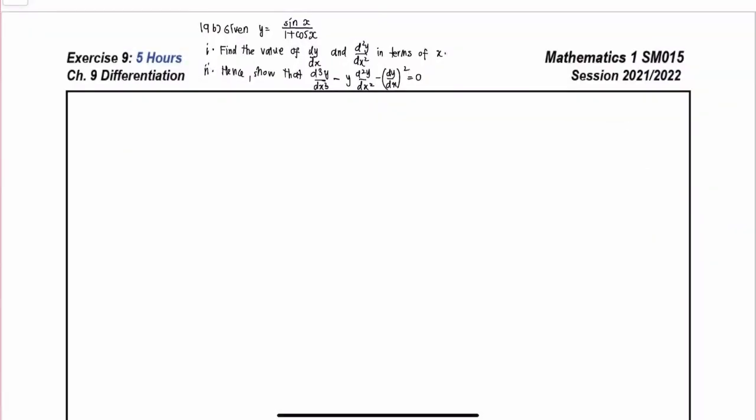Okay, question 19b. We have y equals sin x over 1 plus cos x. Find the value of dy over dx and d2y over dx square in terms of x. So here to find dy over dx, we will use the quotient rule. So u equals sin x, v equals 1 plus cos x.